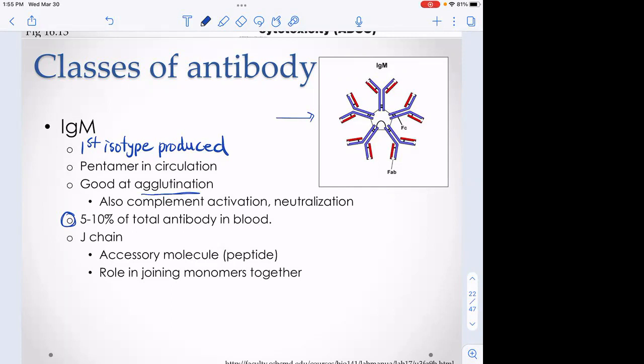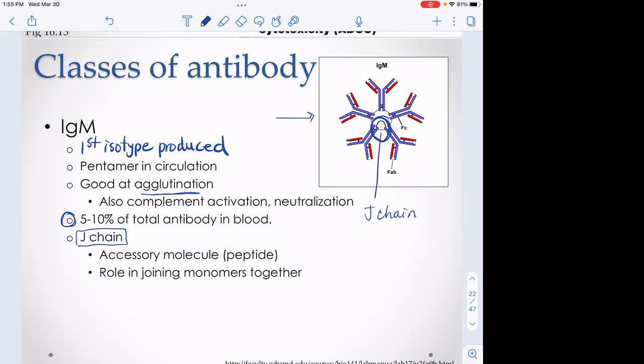And one other thing to mention: how do those five antibodies come together? It has something to do with an accessory molecule that we call a J chain. This is just a little protein, the little arc right in the center there, that's supposed to be the J chain.